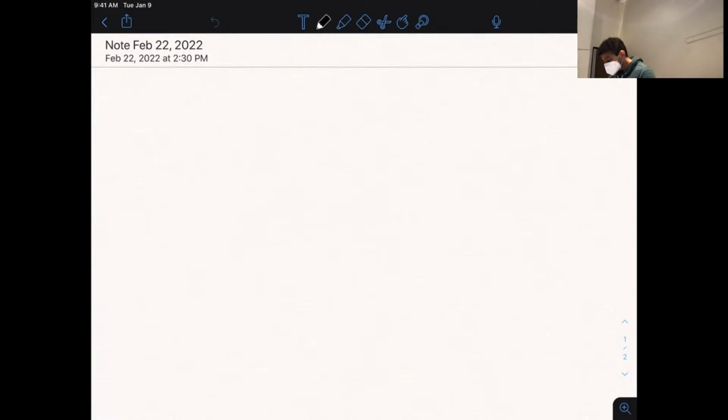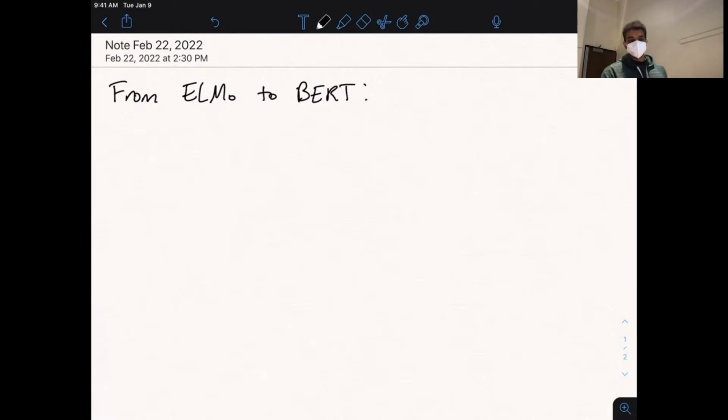Today, we will basically go from ELMo to BERT. And BERT kind of forms the foundation behind many of the subsequent transfer learning methods that we will talk about for the rest of this semester.